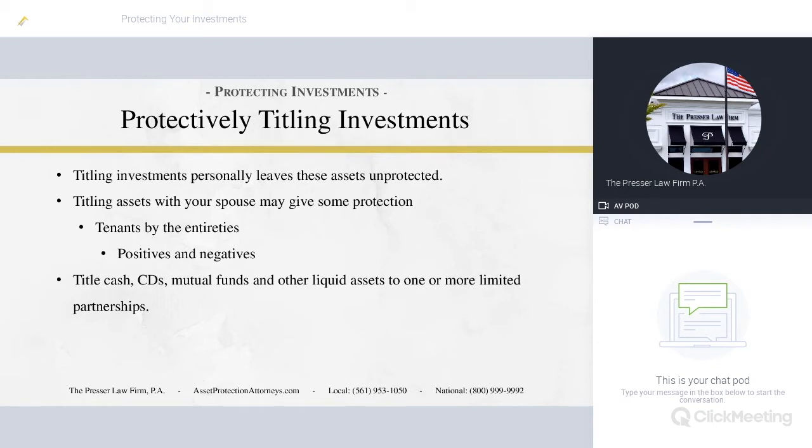Then that could be considered a tenants by the entireties asset, which means if one spouse has a creditor, a judgment creditor, and that creditor wants to try to attach an asset that's tenants by the entireties, then if all goes well, the creditor would not be able to attach it because the other spouse is not a judgment debtor as well.